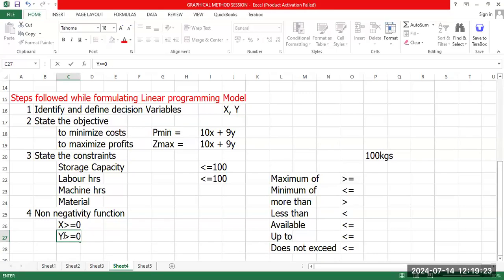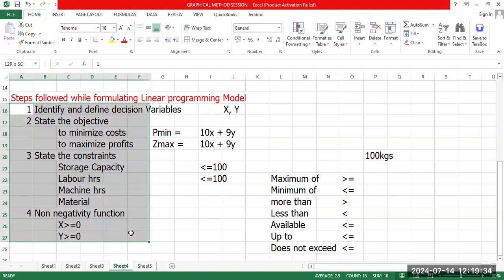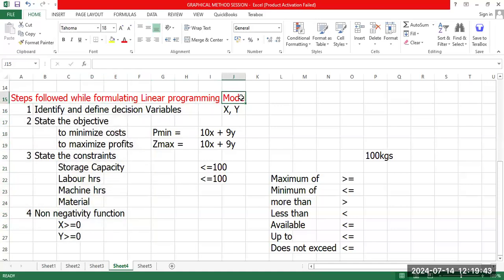So whether you are using graphical or simplex, you need to always know that these are the steps we follow to handle the numbers. You have to first formulate the linear programming model before using any method.